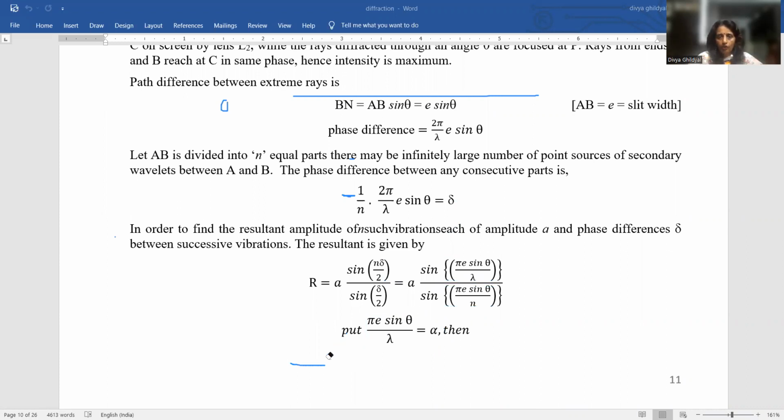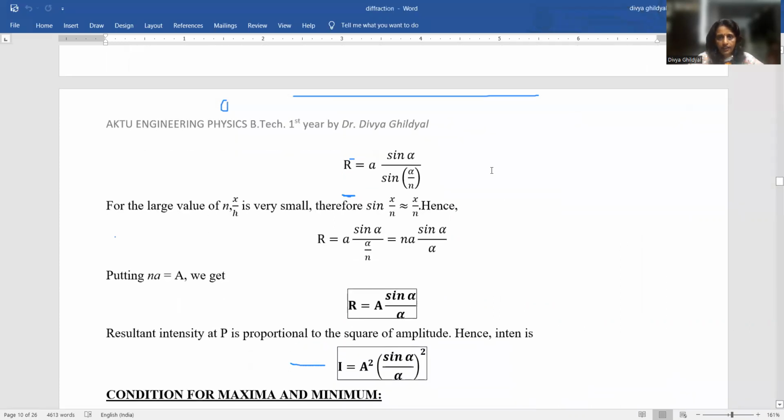Now we put this equal to alpha, and then we get R equals A sine alpha divided by sine alpha by n. For large values of n, alpha upon n is very small, and therefore this sine term can be approximated to alpha by n.